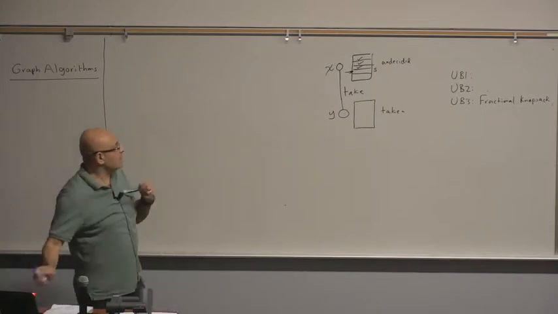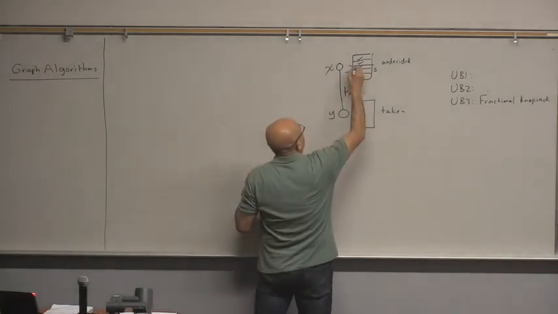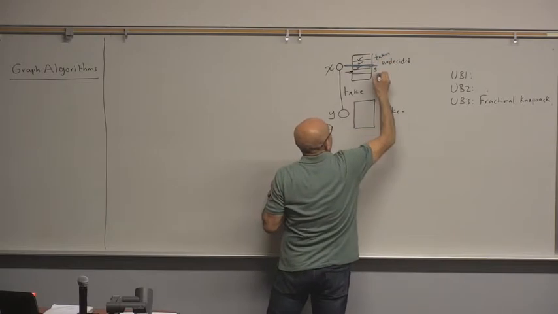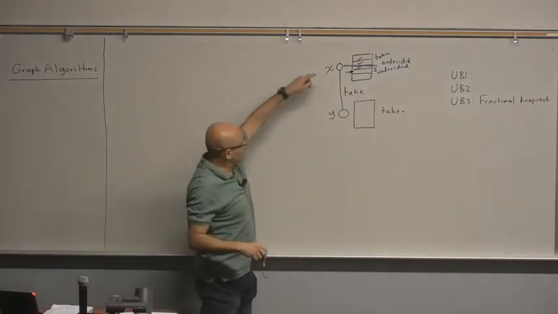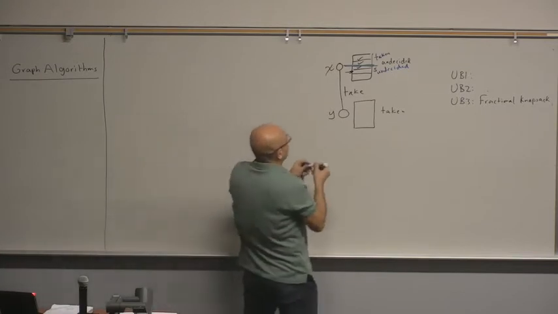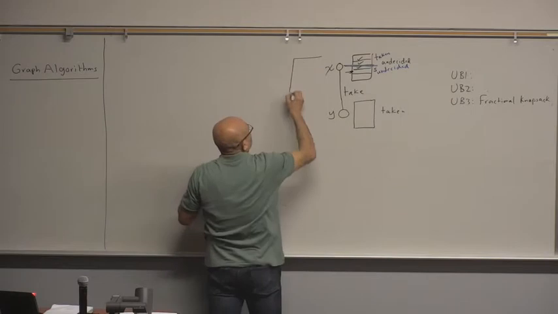In the complete fractional knapsack solution, there is always that borderline between taken and undecided. And by taking an item, you are basically moving this line. So maybe we can draw something like this.